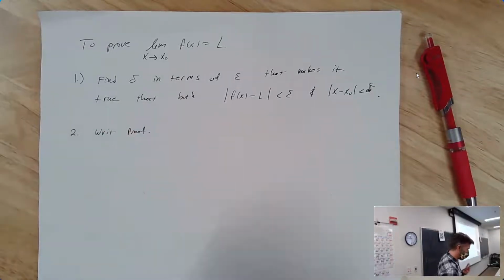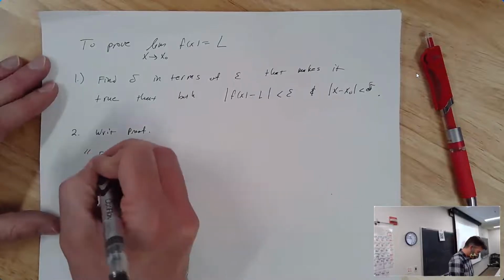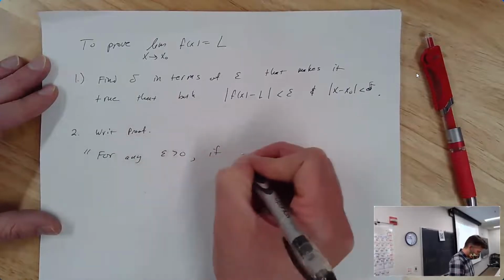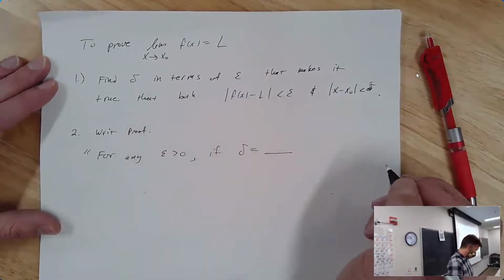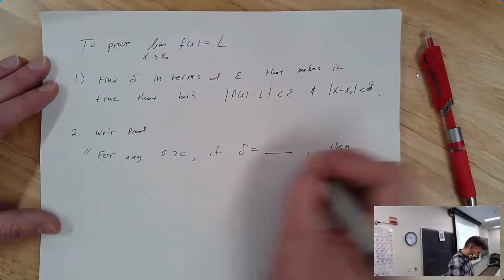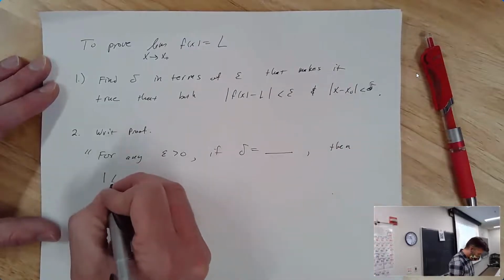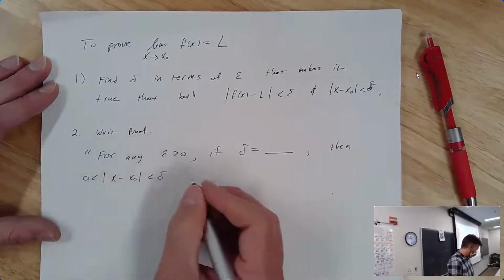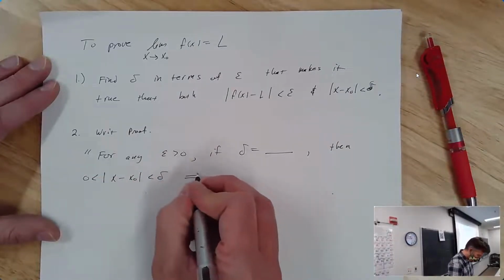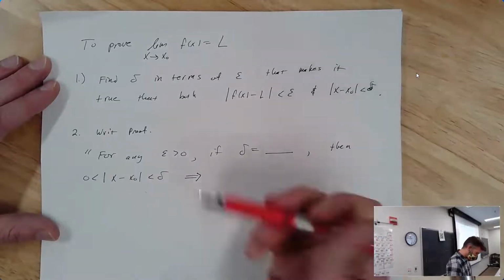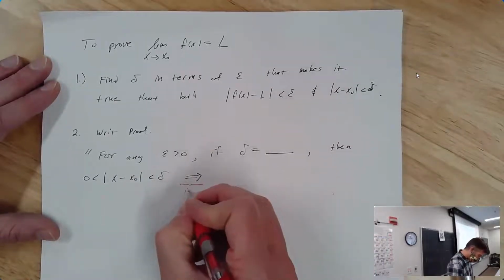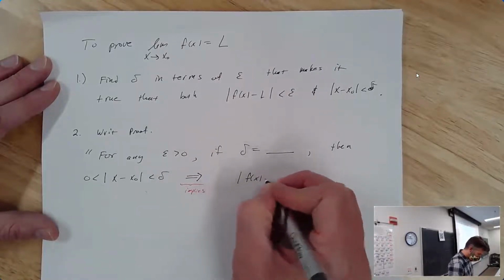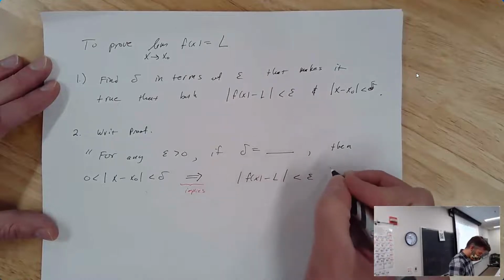The proof typically goes something like: for any epsilon greater than 0, if delta is equal to whatever you found it to be, then the absolute value of x minus x naught being greater than 0 and less than delta implies that the absolute value of f of x minus L is less than epsilon.